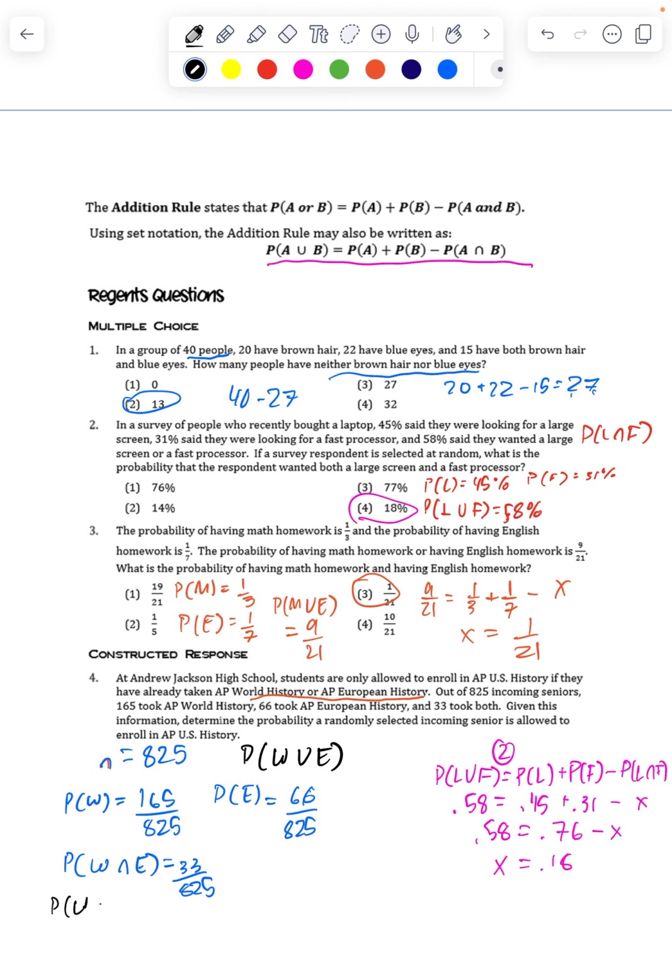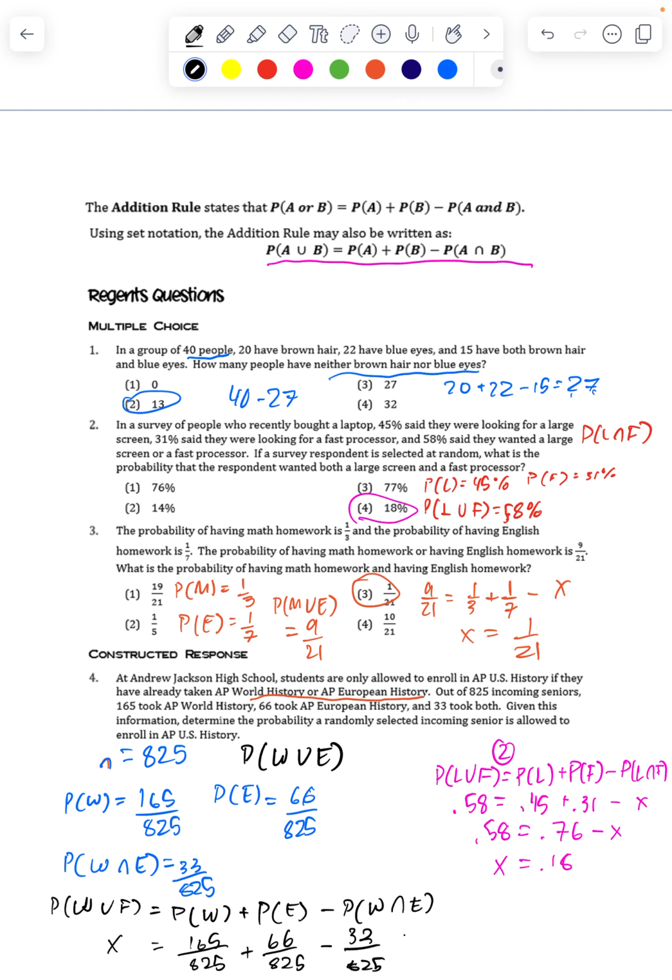P of W or E equals P of W plus P of E, which is European history, minus their intersection, people taking both, because we don't want to count the same people twice. So this is X right here. We don't know what this is. This is going to be 165 over 825 plus 66 over 825 minus 33 over 825.